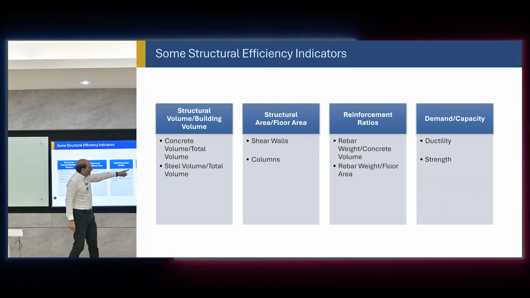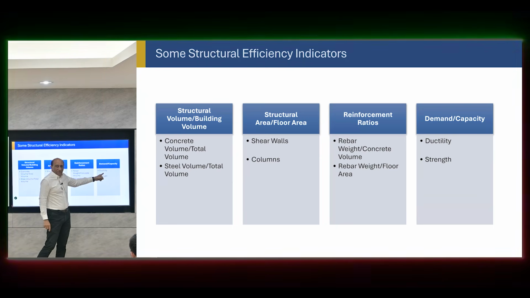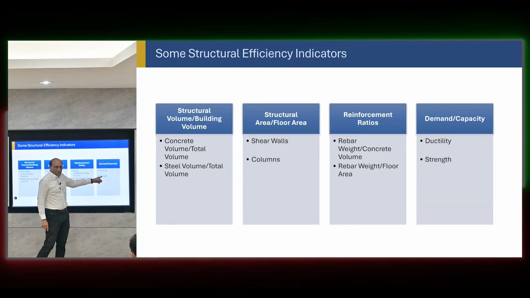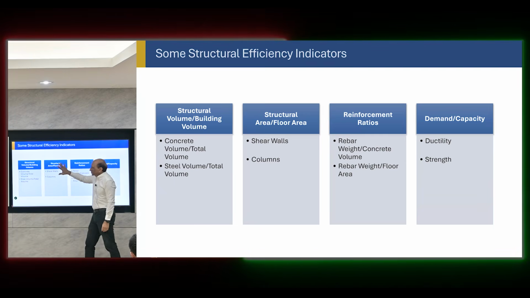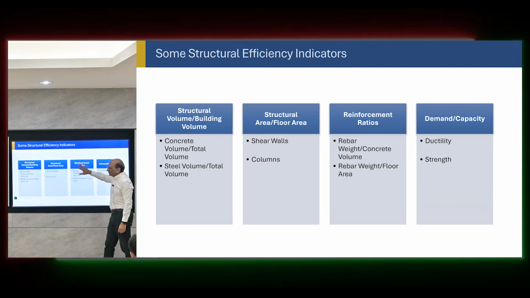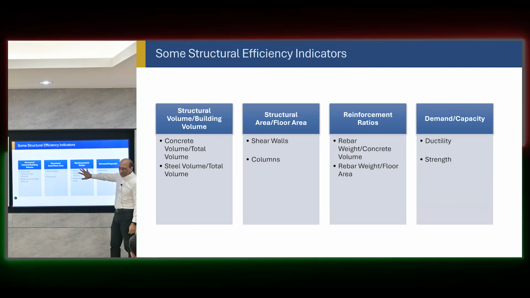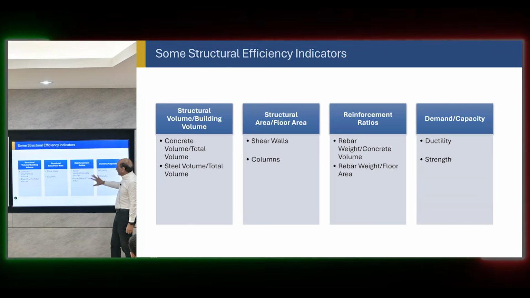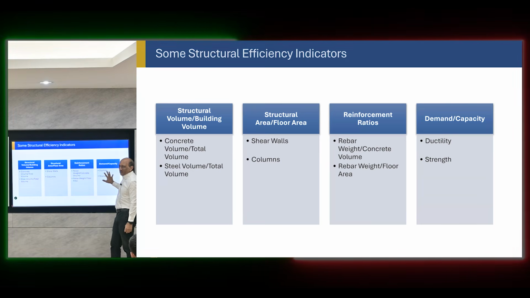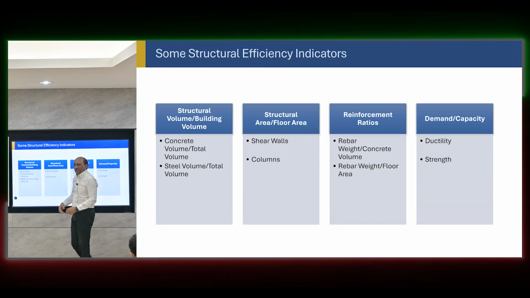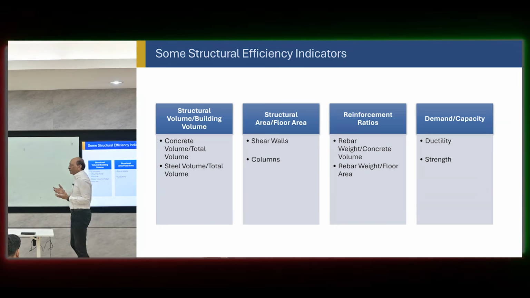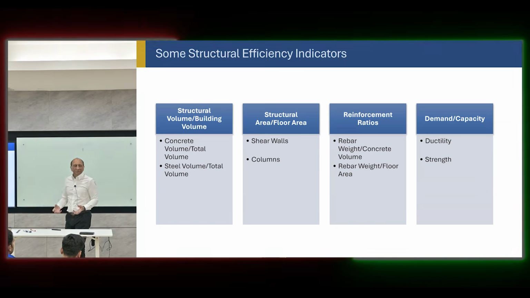And then we have the DC ratio, demand and capacity ratios, together with that. So you have measures on volume, you have measures on area, and you have measures on quantity, steel reinforcement within concrete, and then you have a measure on the performance. So combined together, these four indicators, if you can evaluate them well, you can compare buildings' efficiency.